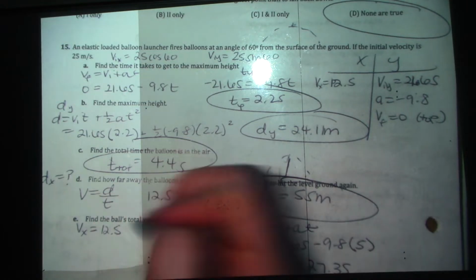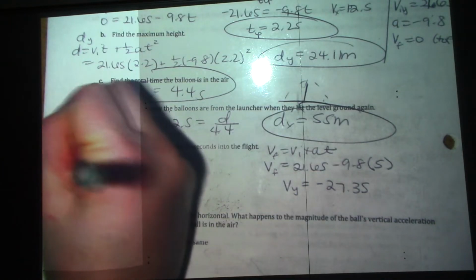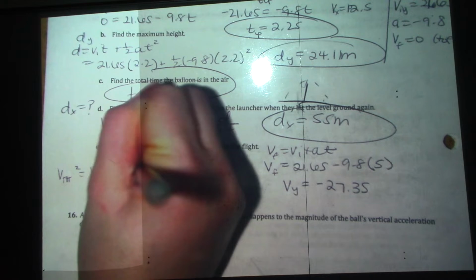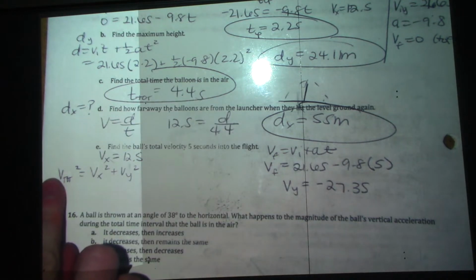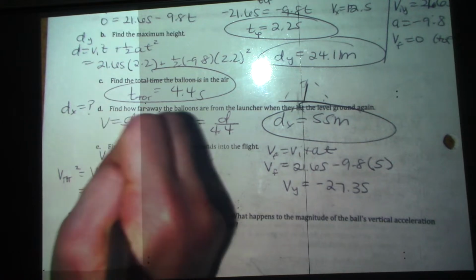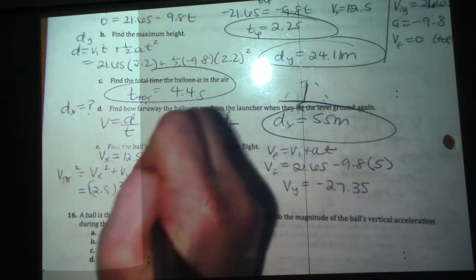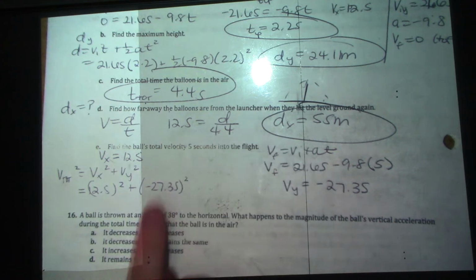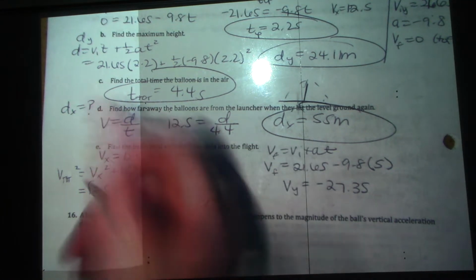And then, because I know my x and my y velocity at that point, now I can use v total squared equals vx squared plus vy squared. This is basically a squared plus b squared equals c squared, my hypotenuse. So x is 12.5 squared plus y is negative 27.35 squared. You have to put parentheses to make sure that negative sign gets squared.